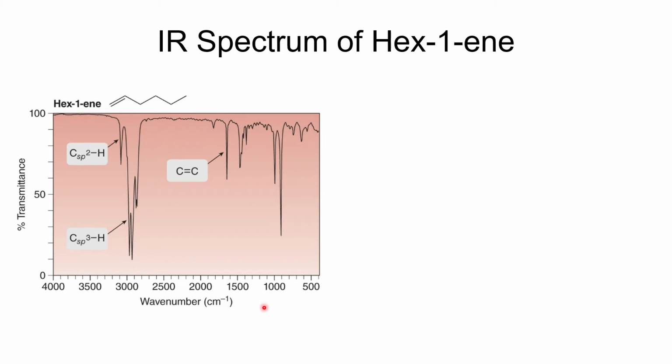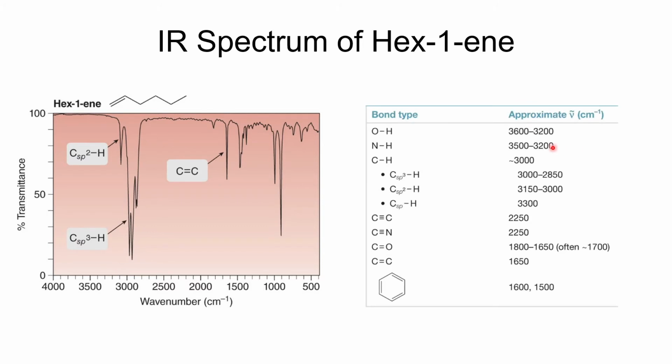All right. Let's mix it up a little bit, and we'll put hex-1-ene. Well, we still have the carbon-hydrogen sp3 that is from 3000 to 2850. We've got a carbon-carbon double bond. You'll notice that it's very sharp, but not super strong. Again, this is all stuff over in the fingerprint. And then here we've got a carbon sp2 hybridized carbon-hydrogen.